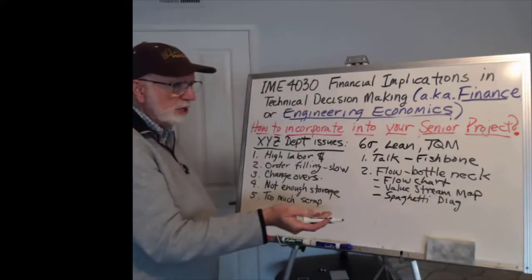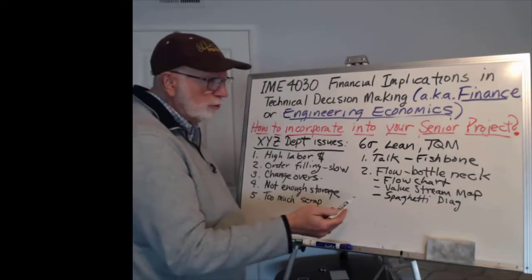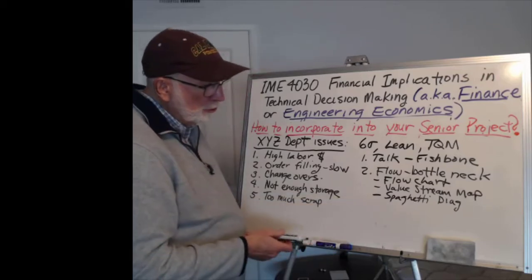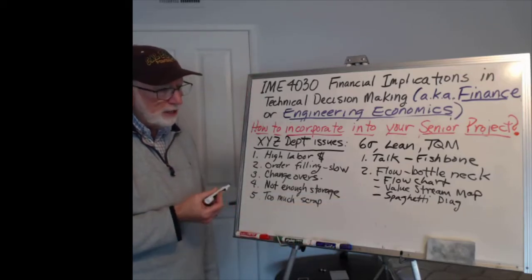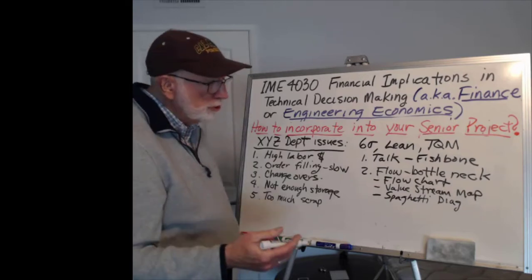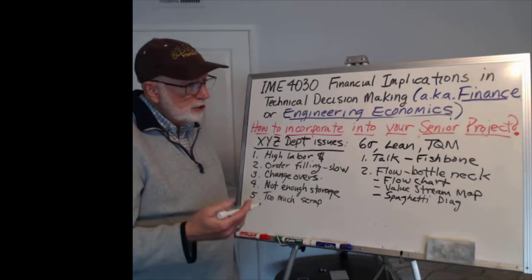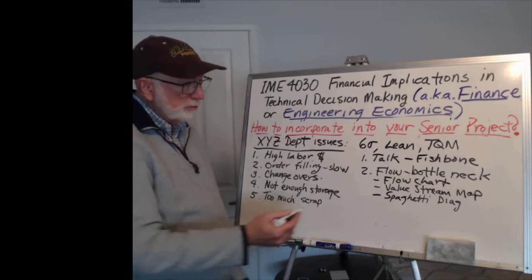But anyway, out of these, you will have a chance to identify the bottleneck, and also you'll be able to identify where you have storage issues and where you have delays and where you can take out waste.